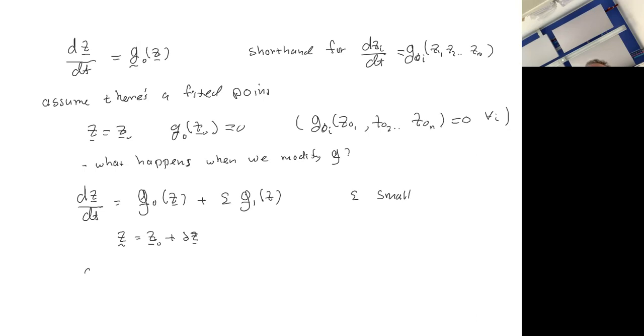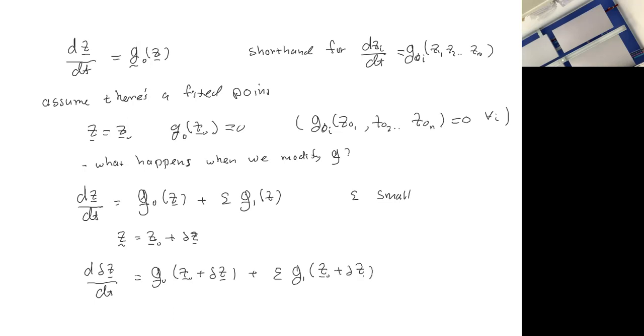Our equation becomes d delta z/dt equals G0 of z naught plus delta z plus epsilon G1 of z naught plus delta z.